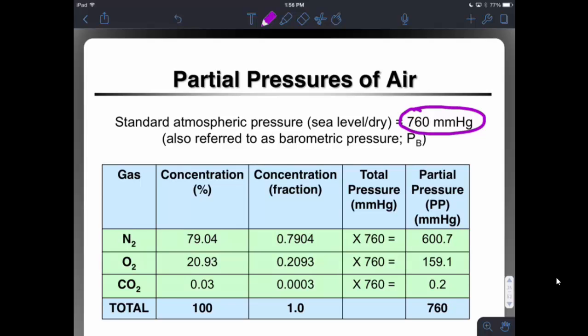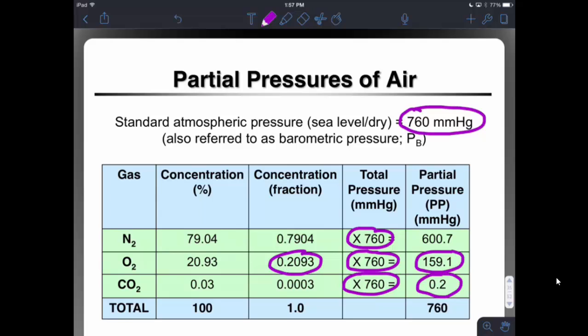So if the pressure in the air is 760, and we know that the concentration of oxygen is 20.93%, then we can easily calculate that the partial pressure of oxygen in the atmosphere is 159.2. And along the same lines, we can calculate the partial pressure of CO2 in the atmosphere, which is 0.2.